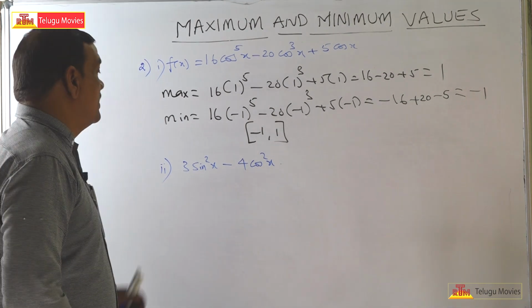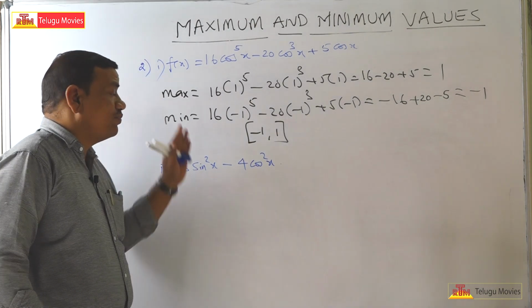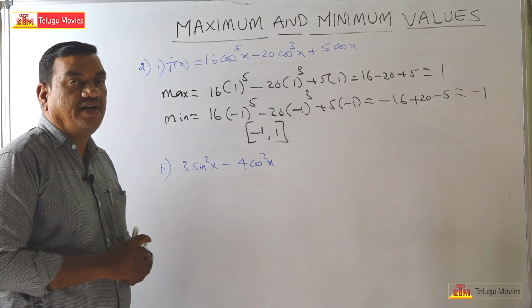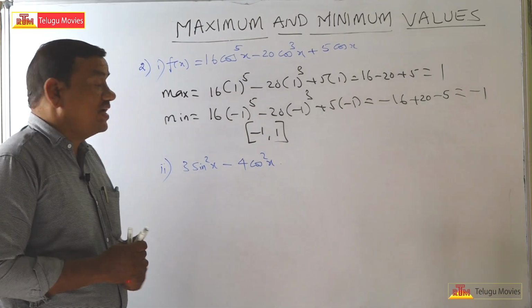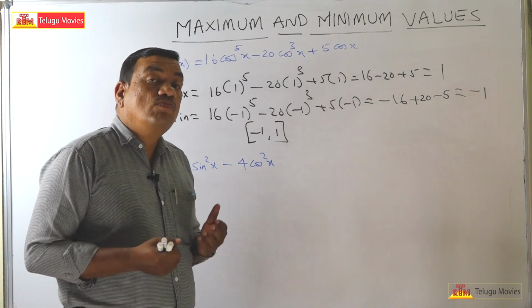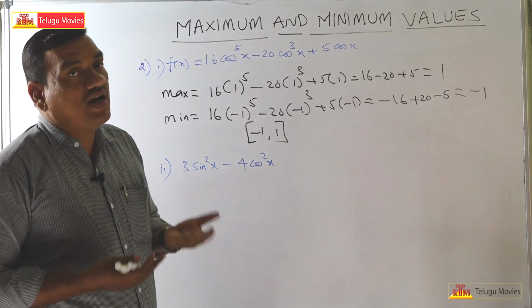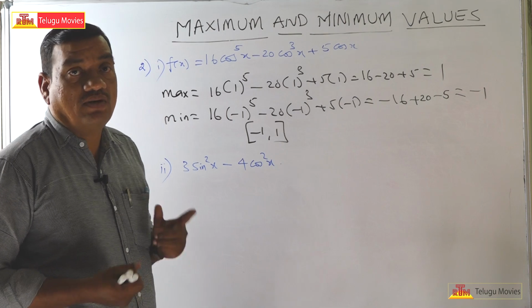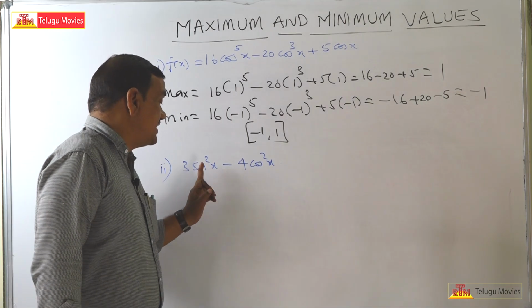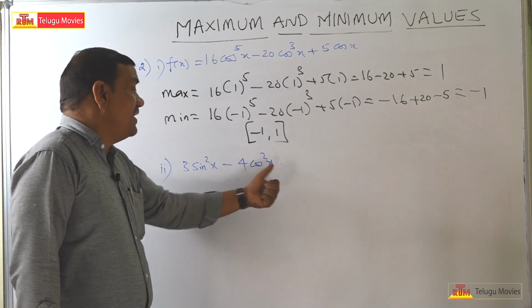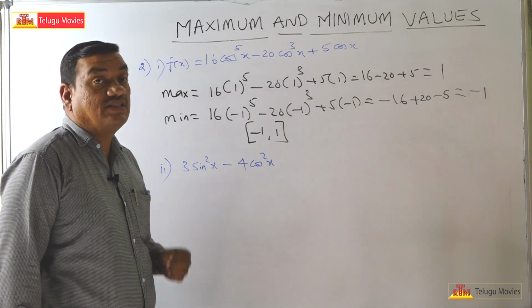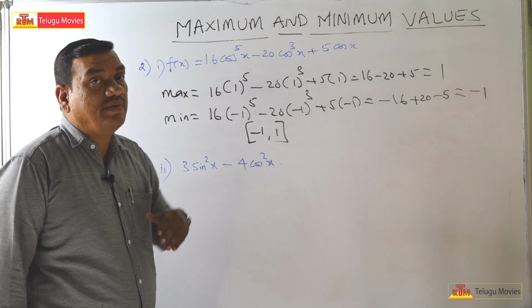Now coming to the second one, it is in both sine and cos. So let us see that. But you may ask one doubt, sir, sine x and cos x both attain the maximum value 1 and the minimum value minus 1. But here sine square x and cos square x have maximum value 1, but depending upon the x value, they attain maximum value and minimum value.